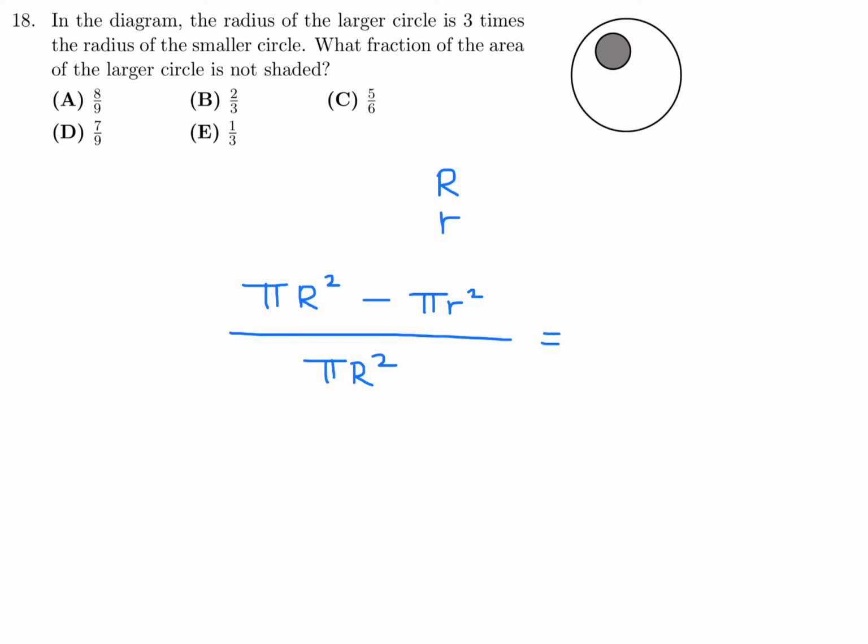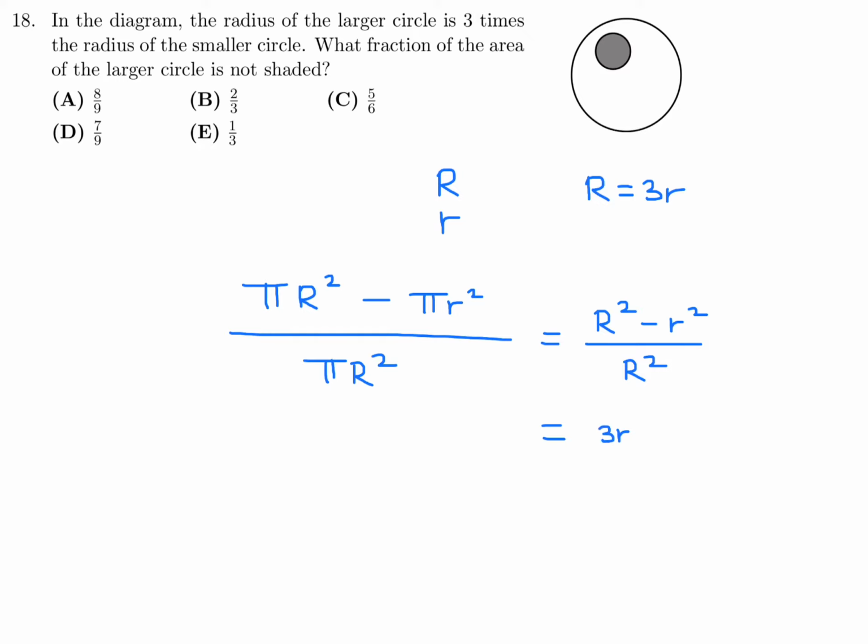Initially, the pi's will cancel, so all you're left with is big R squared minus small r squared over big R squared. And then we use the fact that big R is essentially 3 times small r. That allows us to eliminate one more variable.